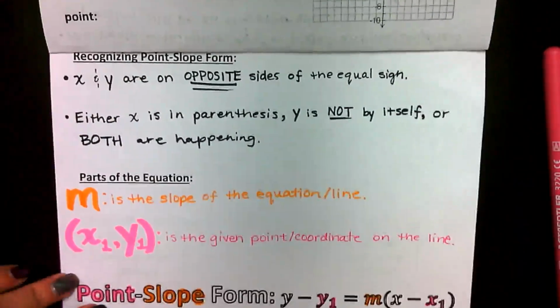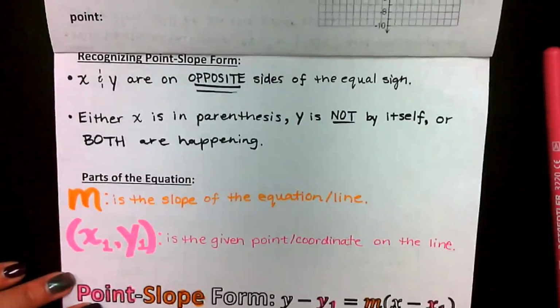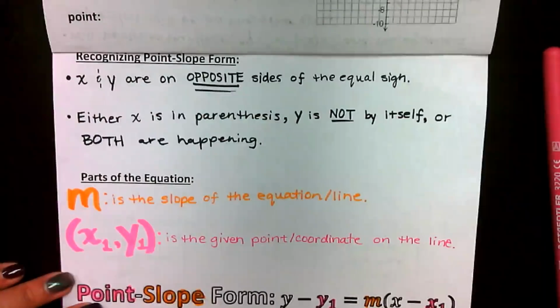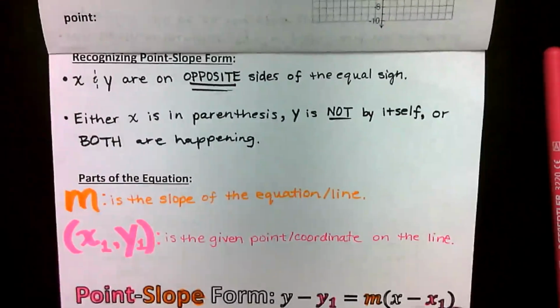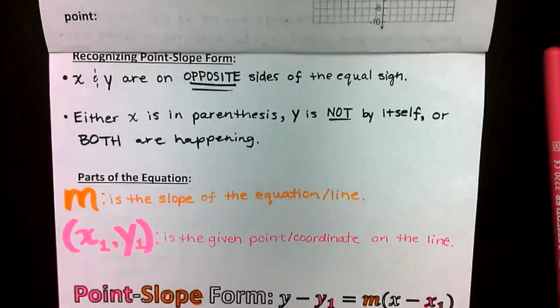All right, so either X is going to be in the parentheses, Y might have something with it, or both of them are happening, just like we have on the bottom, okay?